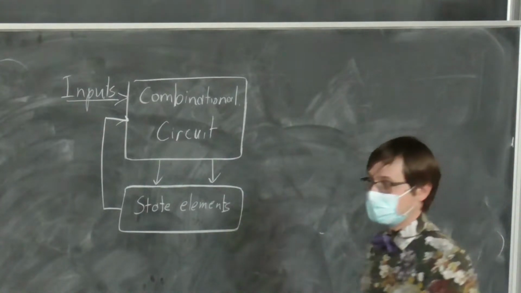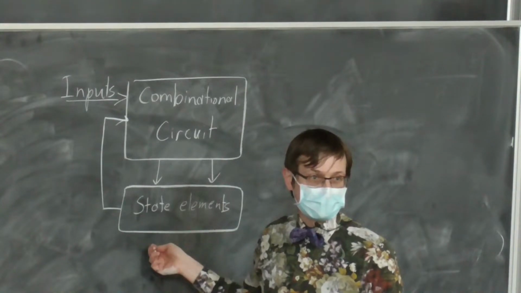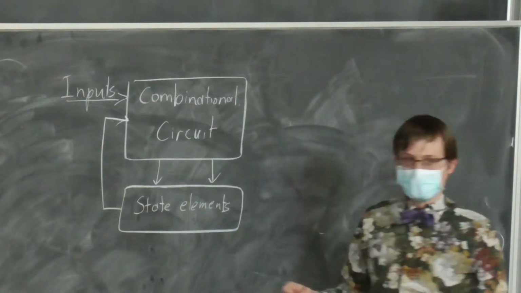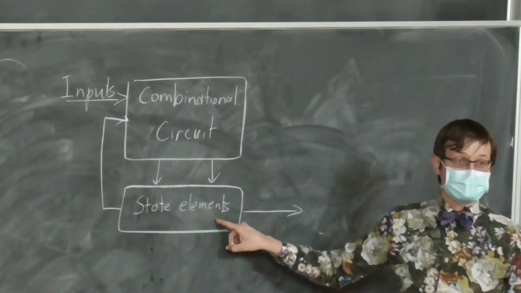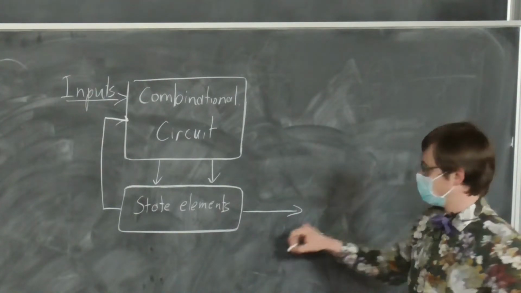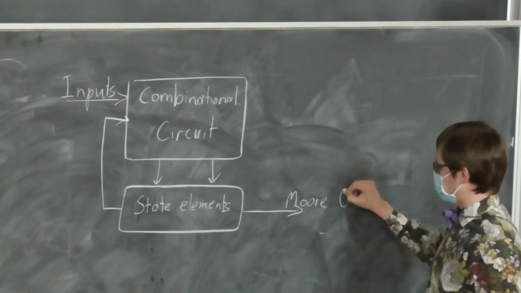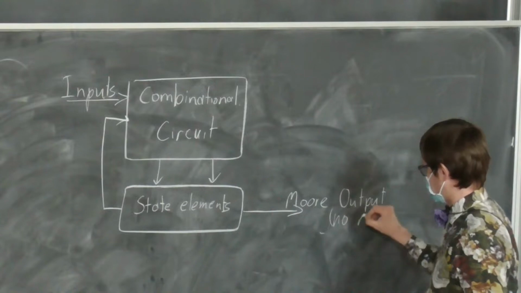The first approach to this is called Moore architecture, no relation. In Moore architecture, the outputs are derived purely from the state elements, right? So this would be Moore output, no relation.